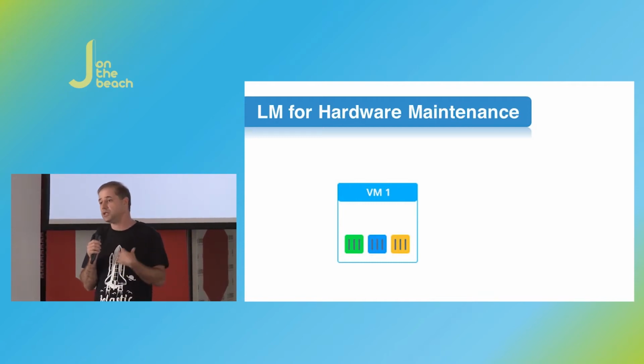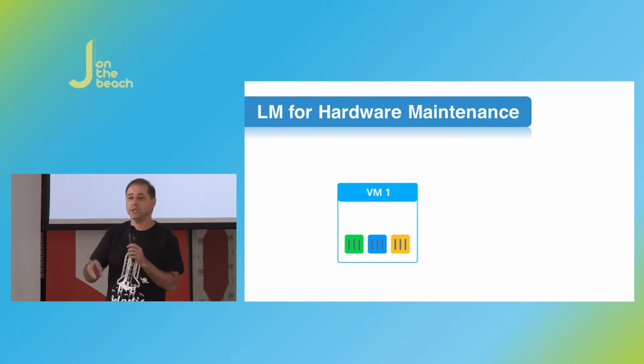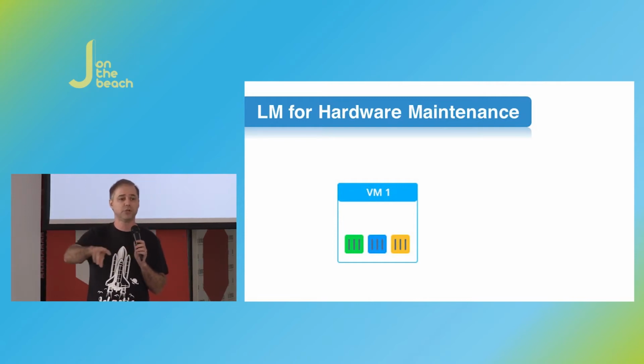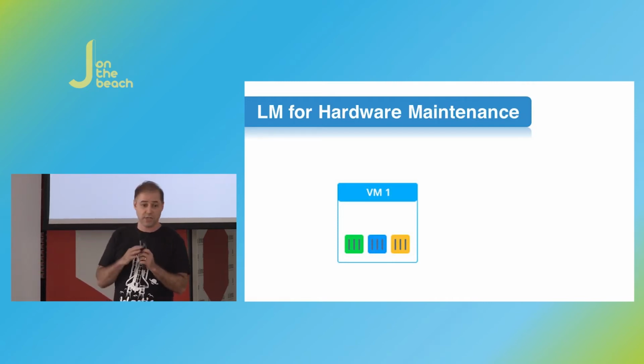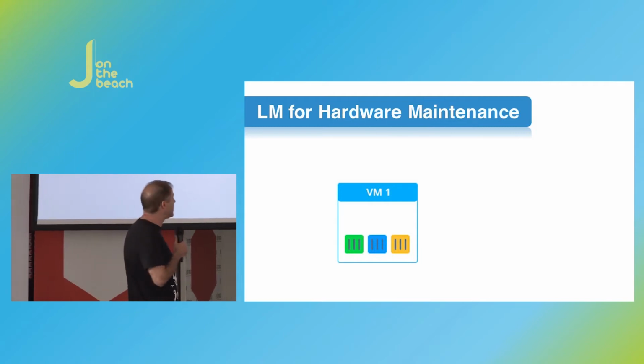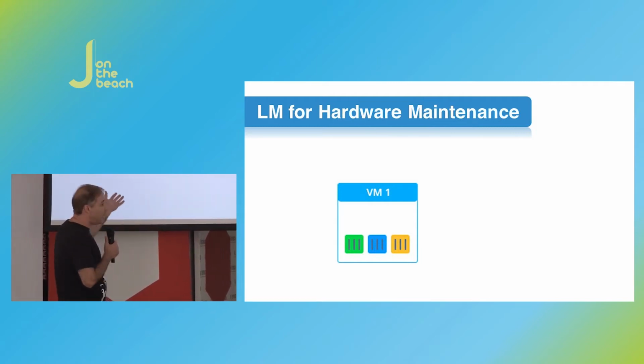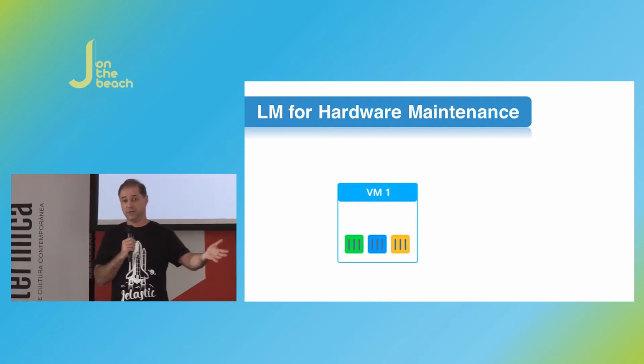How would we change our development if we could migrate applications from one server to the next without stopping the requests, without any kind of downtime? Let's see what kind of things we could do. First of all, hardware maintenance is going to be a lot easier, right?